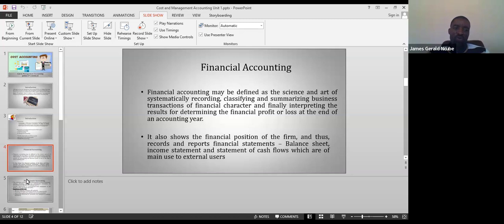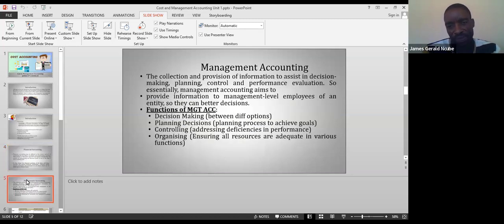We can also look at the other side of the story, where we are now focusing on management accounting. Later on, I'm going to show you a summary of the differences that exist between these two pillars of accounting. Management accounting, here we're looking at the collection and provision of information to assist in decision-making, planning, control, and performance evaluation.